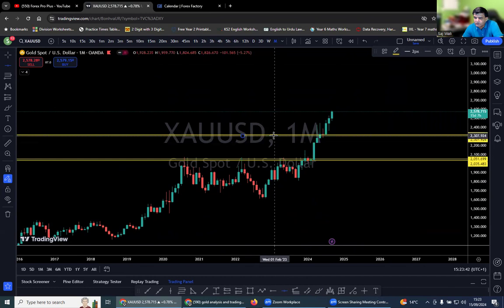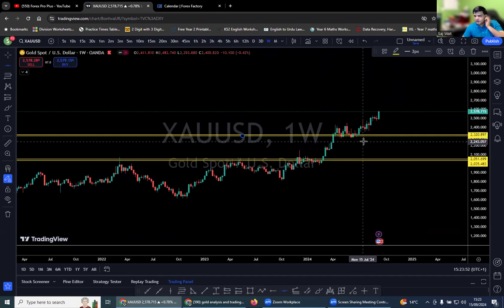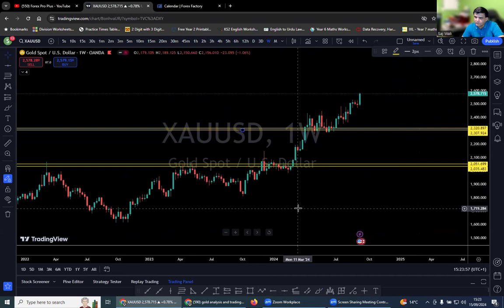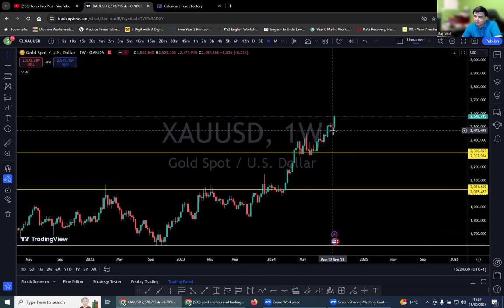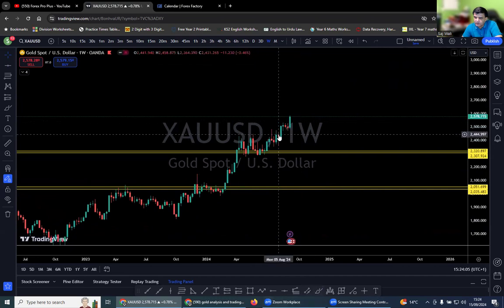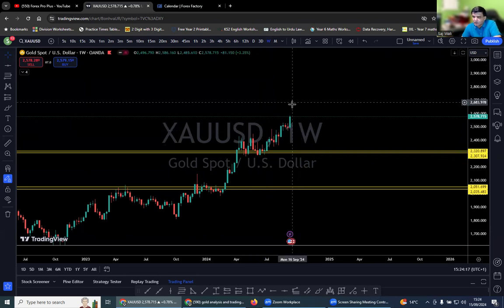And going on to weekly, this is a level as well. I did say the market may come down to this level here, 2460, and then go to the upside. But it only came down to 2470, so 100 pips difference.